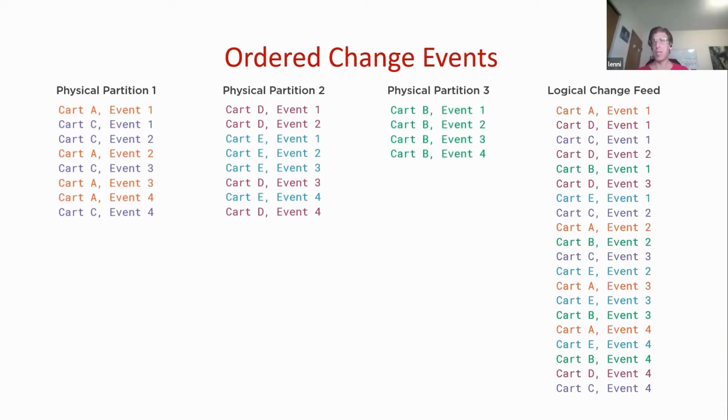Things are very interleaved, but you get one change feed, and it doesn't matter that it's A, D, C, etc. All of the individual carts' events are being processed in sequence. This is a really critical point in Cosmos DB.